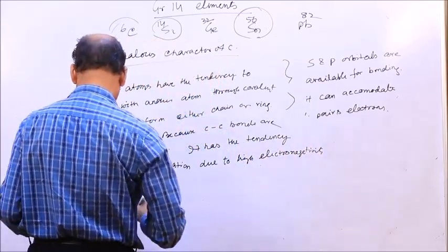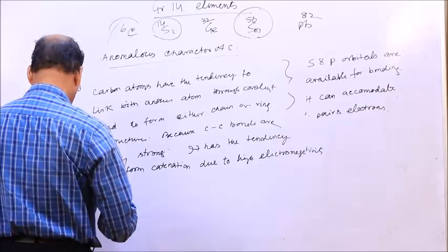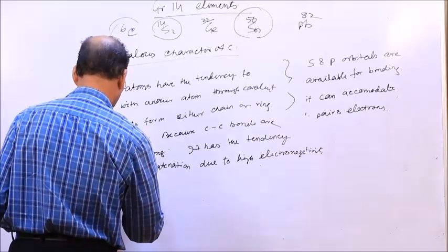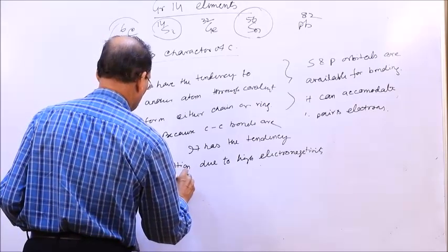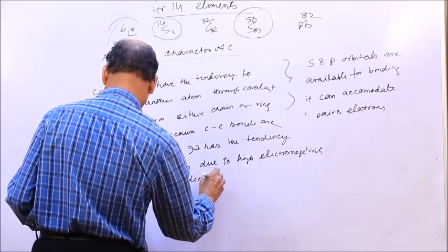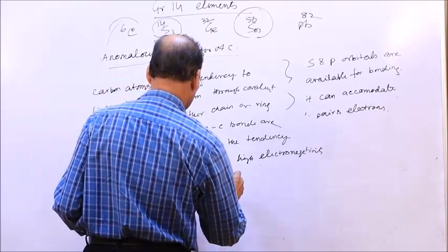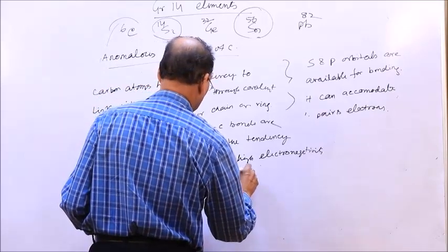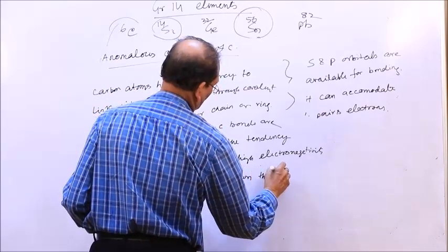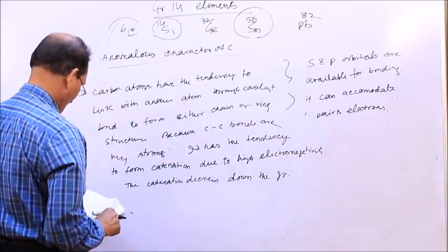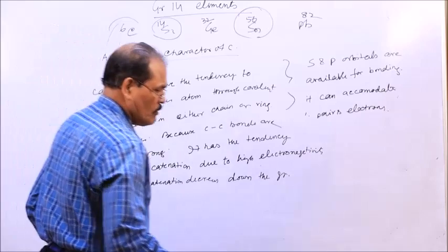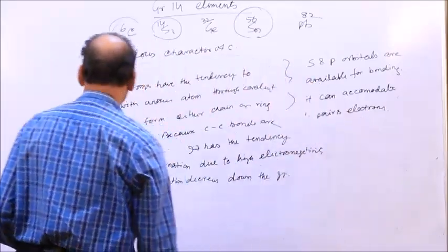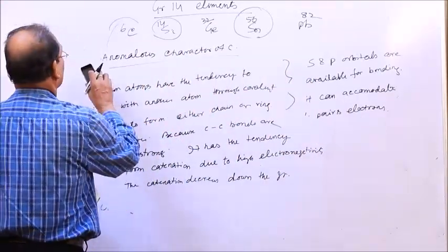And this catenation decreases down the group. Now we will discuss the allotropes of carbon.